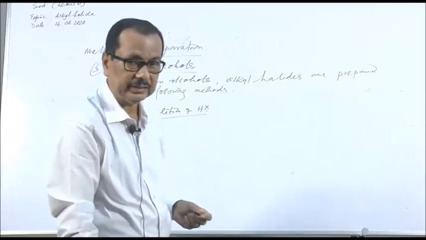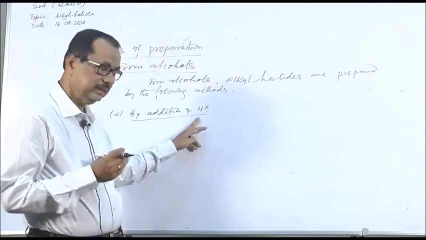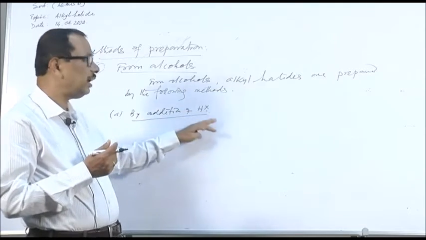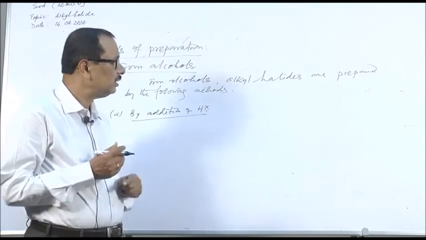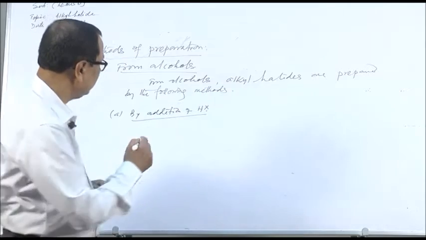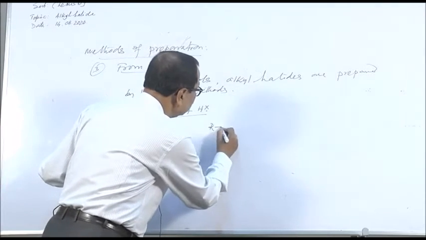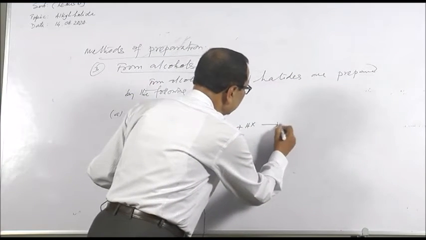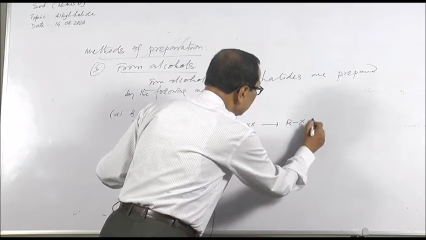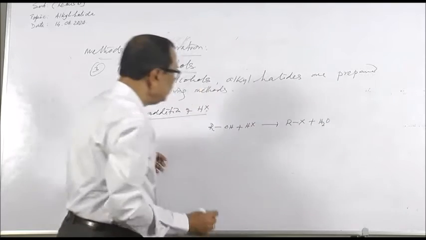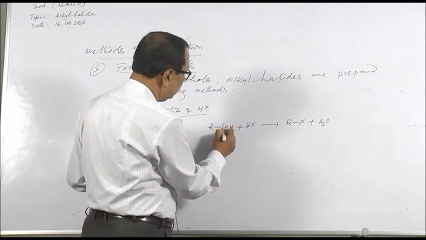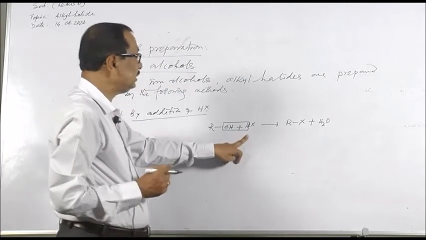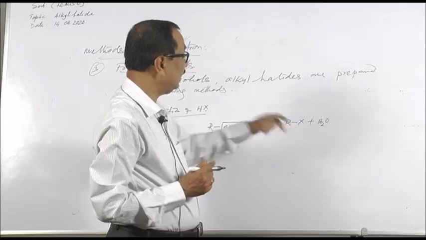When alcohol is treated with haloacids, the corresponding alkyl halide is formed. That is, ROH plus HX gives RX plus water. Here simply the halogen atom is replacing the OH group to give you alkyl halide.